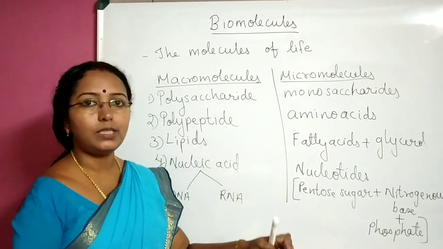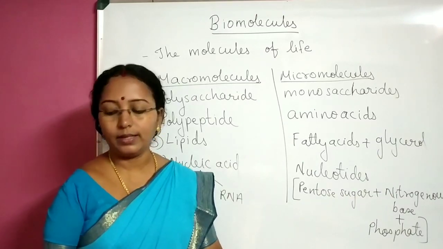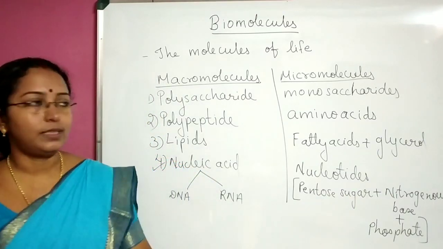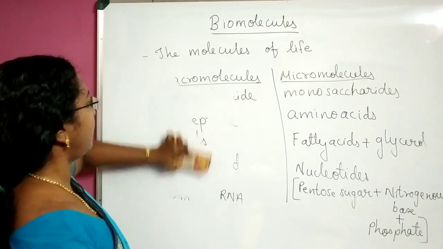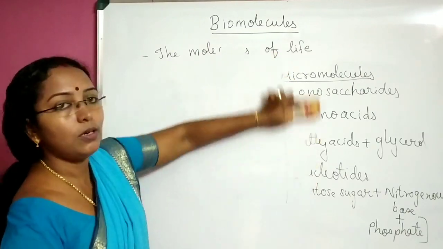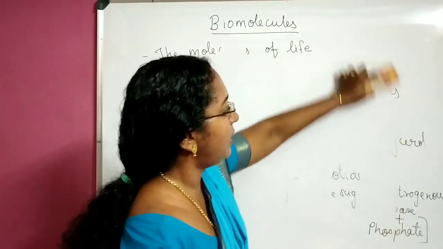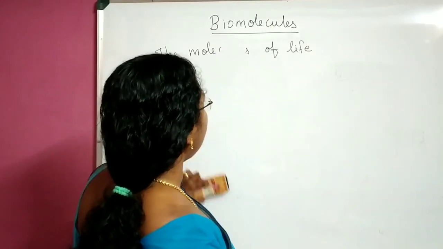So in this session, let's first understand about the structure of polysaccharides and monosaccharides. So first we'll understand this building block, monosaccharide, and then we'll learn how they are linked to form the polysaccharide.